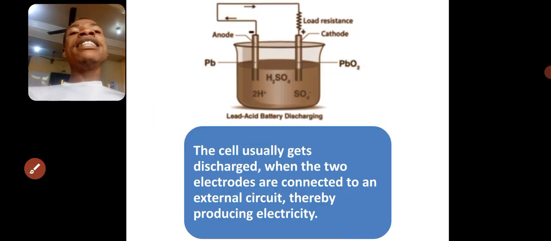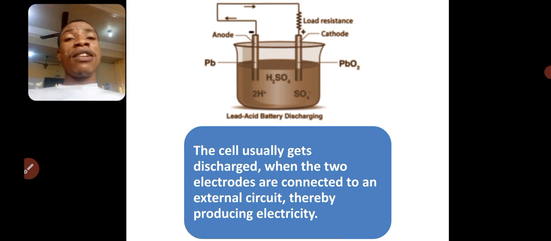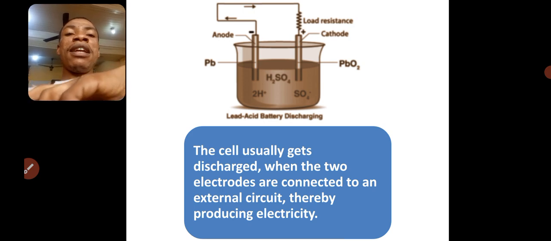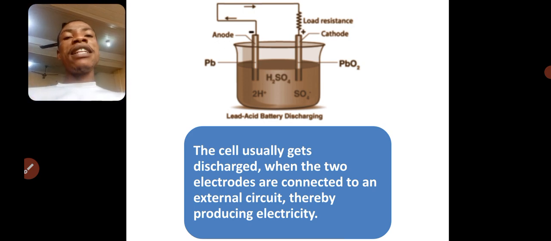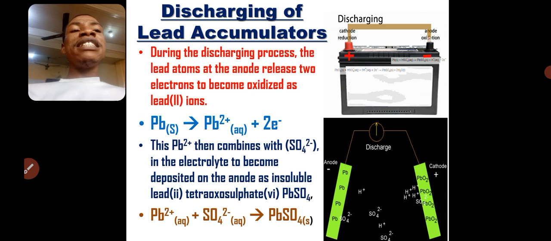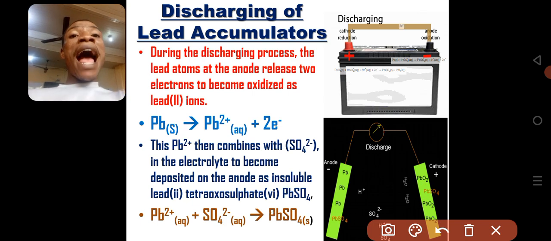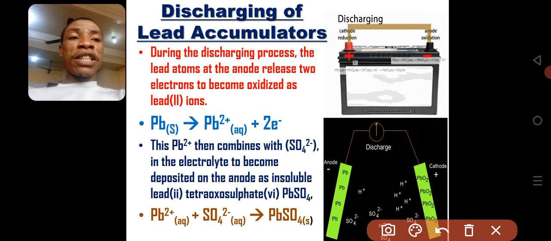The cell usually gets discharged when you connect it to an external circuit. Say, you connect it to a phone, a vehicle, a laptop. So the cell or the battery will start getting discharged. What happens during the discharging process? The anode, which is the producer of electrons, you know that the anode produces electrons.